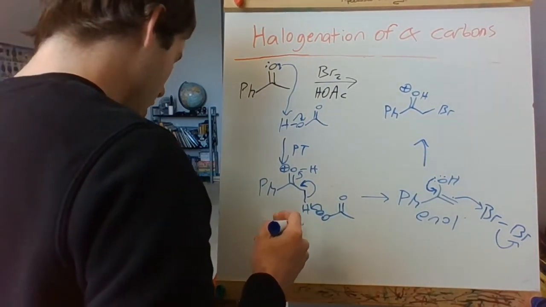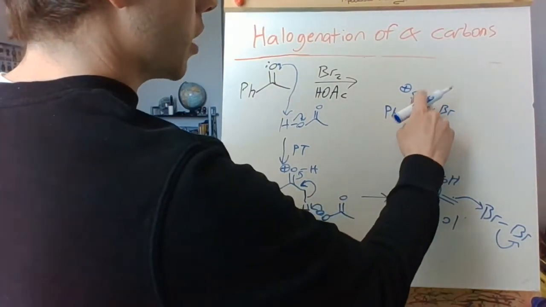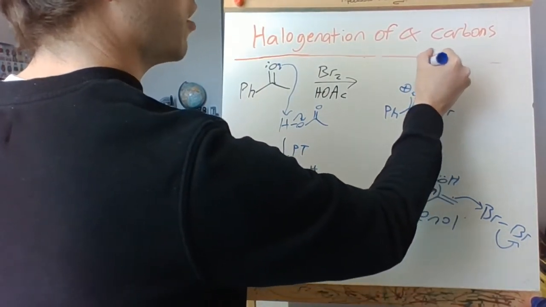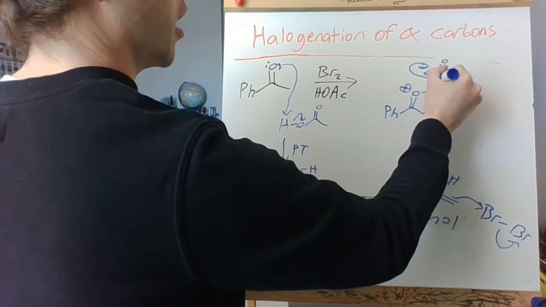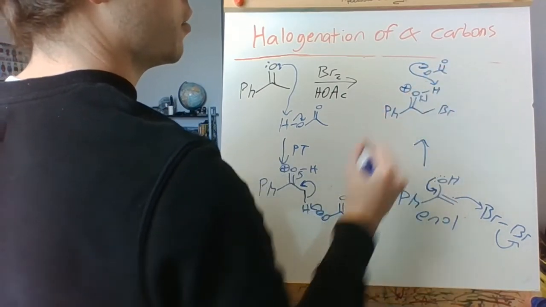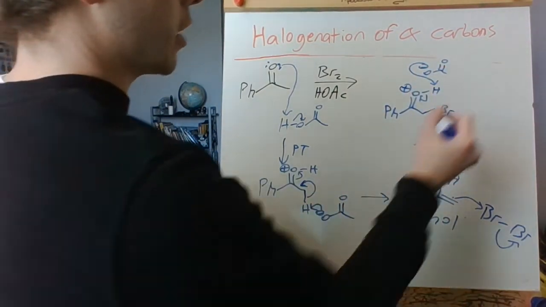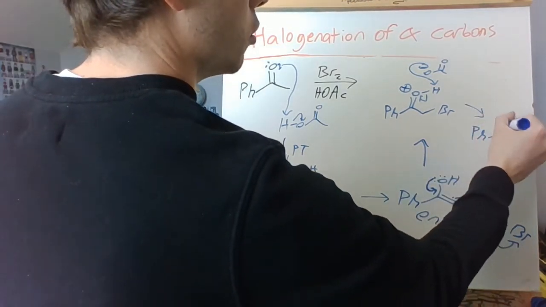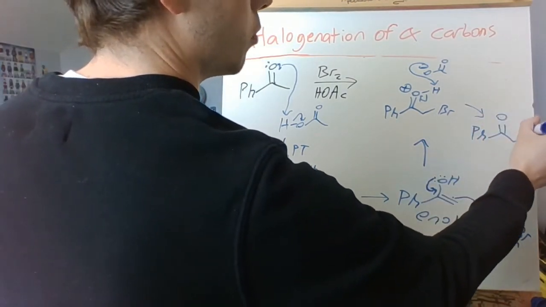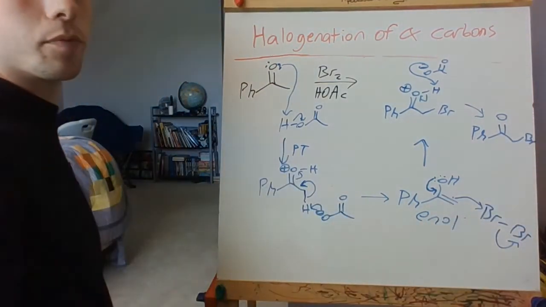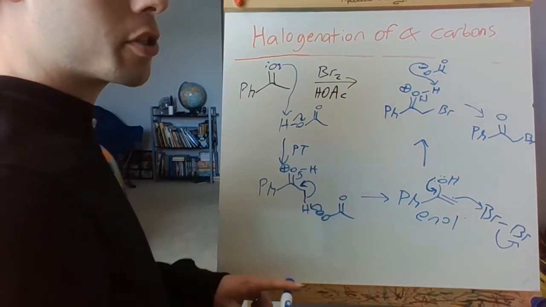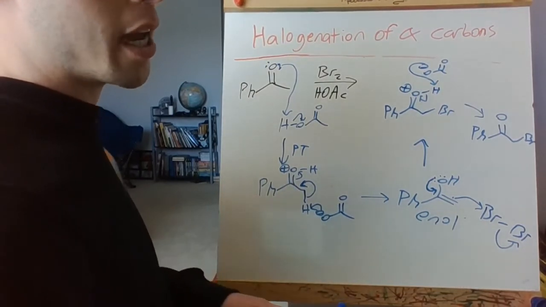In our last step, we have another proton transfer where we might have another acetate molecule come in, pick off that hydrogen, and give our electrons back to our oxygen. This gets us to our final neutral organic molecule. Keep in mind, under basic conditions, it was proton transfer followed by an SN2 reaction.